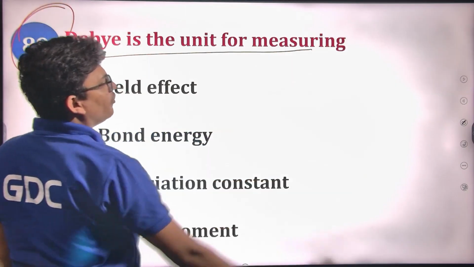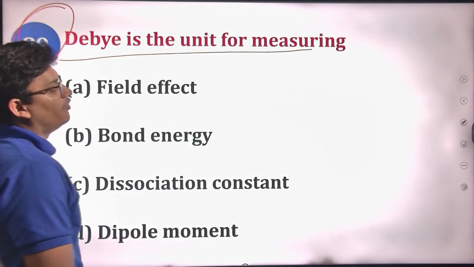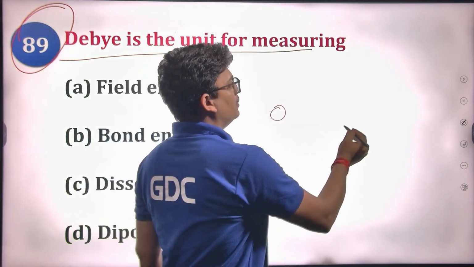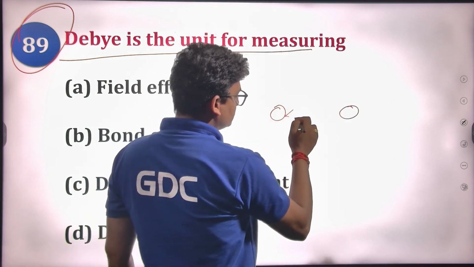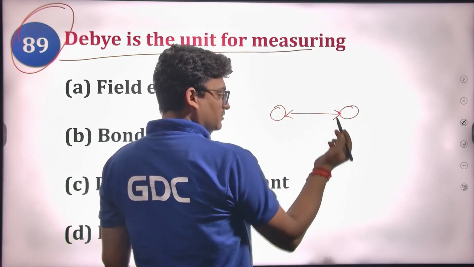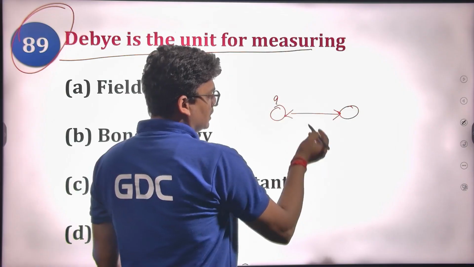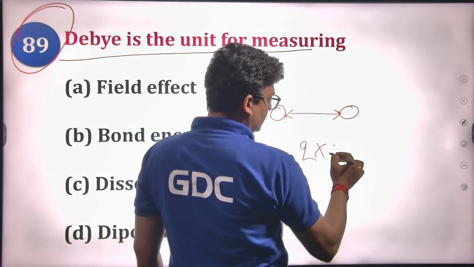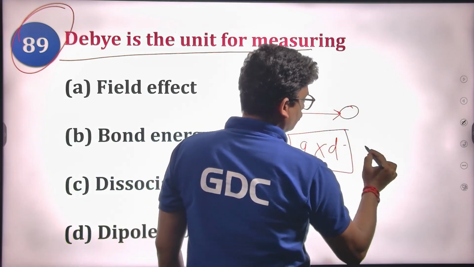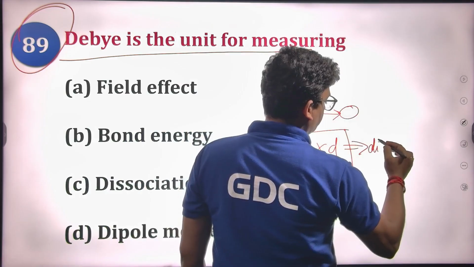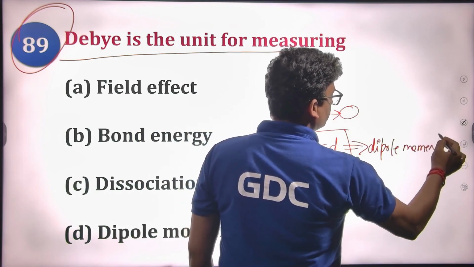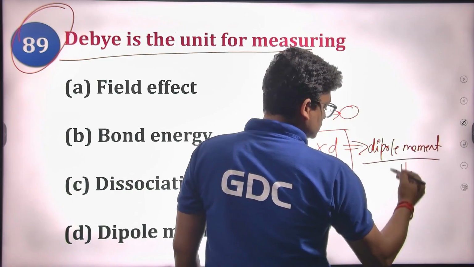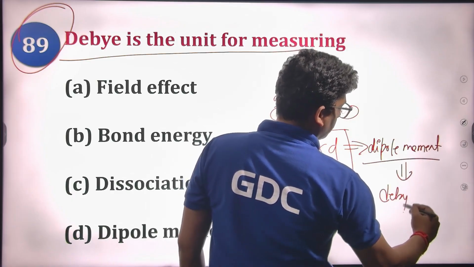Question number 89. Debye is the unit for measuring the dipole moment. When two dipoles are separated by a distance d, both of them are having some charges. So this Q into d is known as dipole moment, and to measure the dipole moment, its unit is debye.